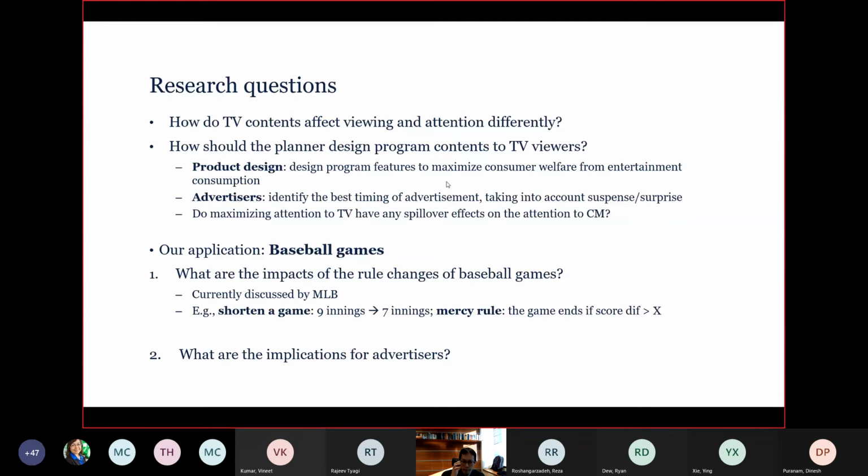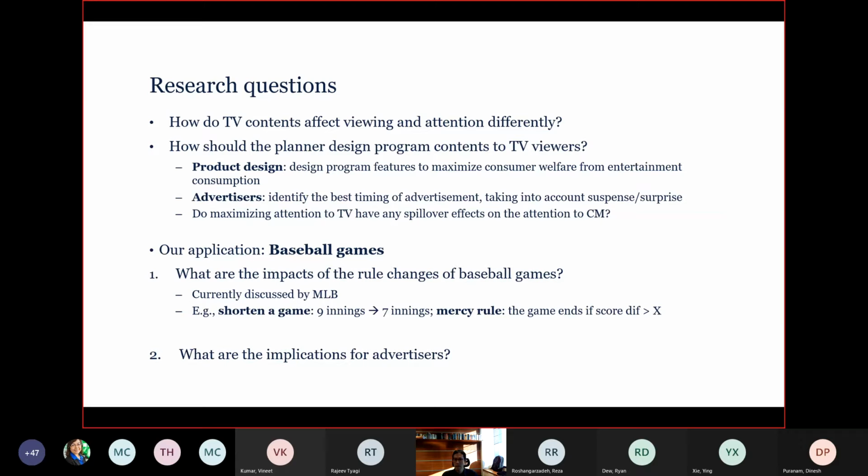The research questions we're going to ask in this paper are two things. First of all, we're going to estimate a model to understand how TV contents affect viewing and attention behavior differently. Is there any difference between viewing behavior and attention behavior? And what are the key factors in that?